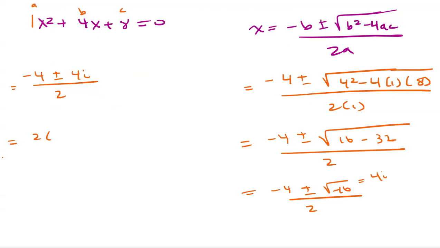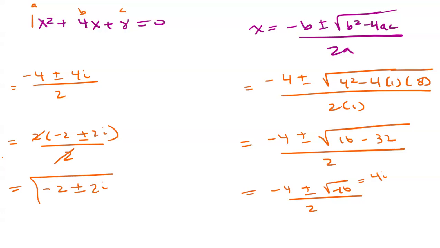That's going to be 2 times negative 2 plus or minus 2i, divided by 2. And then the 2s are going to cancel, leaving us with negative 2 plus or minus 2i. And that's our answer there.